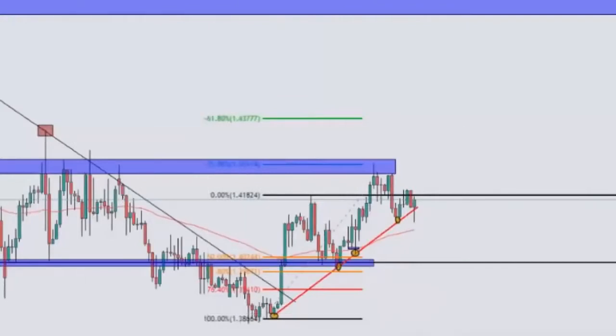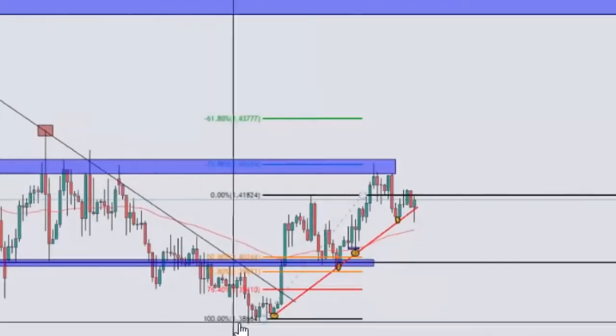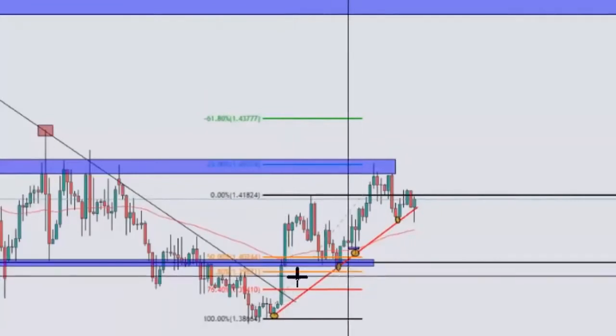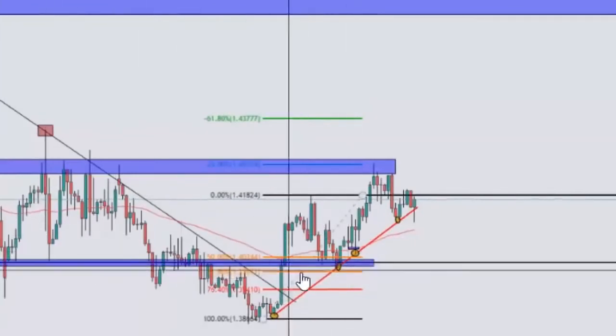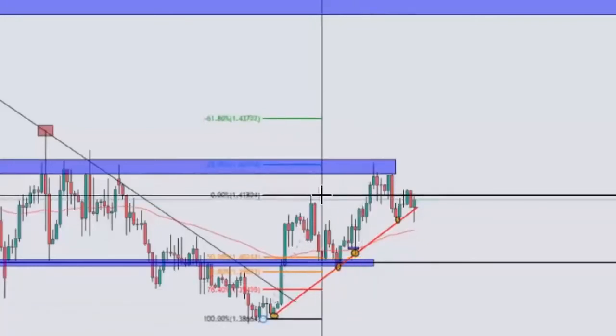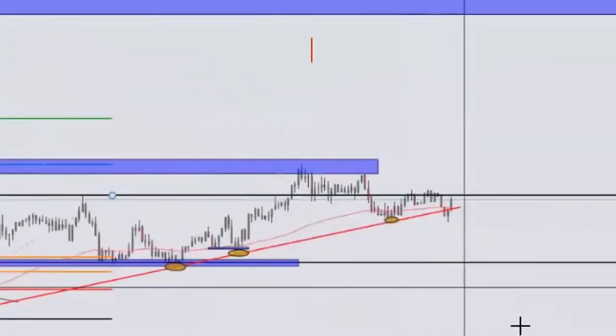So on the 4-hour, we can identify we broke the bearish trend to the upside, made a retest back to our golden zone and this key level. Now it's fair to say that we're finished on the 4-hour time frame. So let's take it down to the 1-hourly.